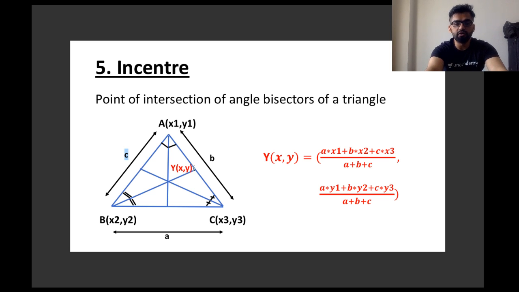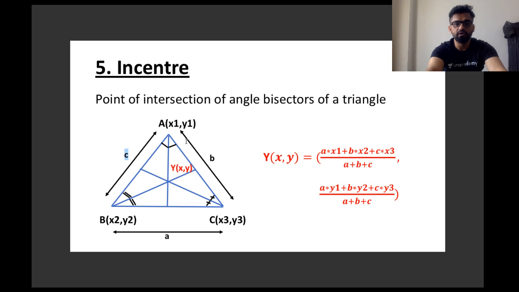So the coordinates of incenter x comma y are given by each side multiplied by the abscissa of its opposite vertex, that is a into x1 plus b into x2 plus c into x3, divided by the sum of the sides, that is a plus b plus c.